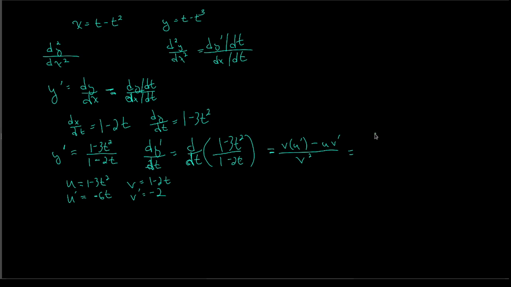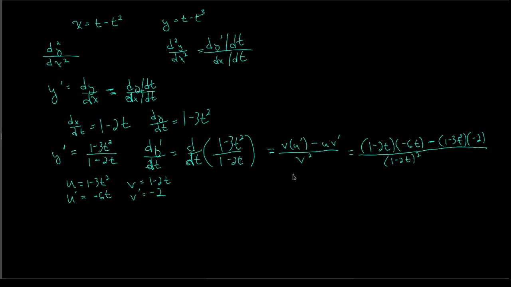which will give us 1 minus, whoops, this should be 1 minus 2t, because v is 1 minus 2t. I almost gave u instead of u prime, and then u prime is negative 6t, minus u, which is 1 minus 3t squared, times negative 2, all over 1 minus 2t quantity squared.